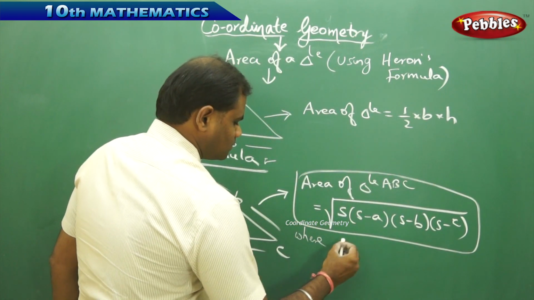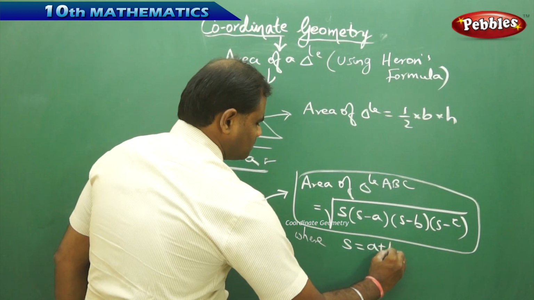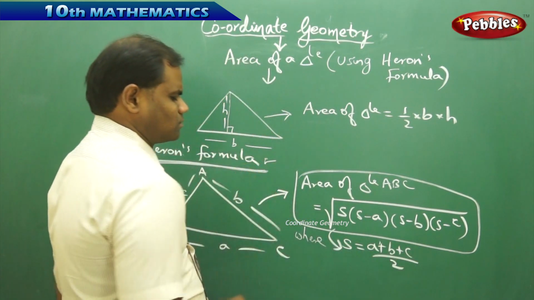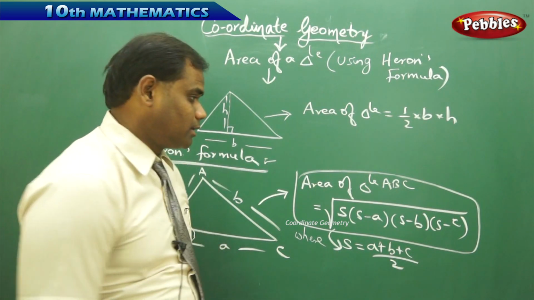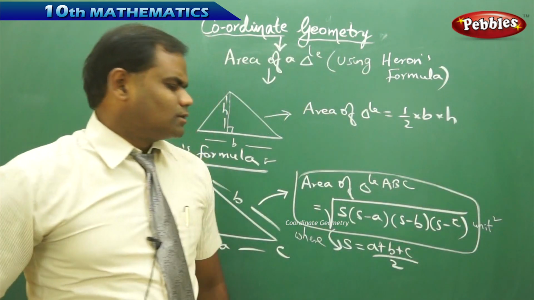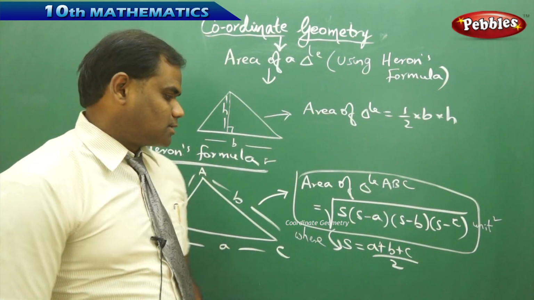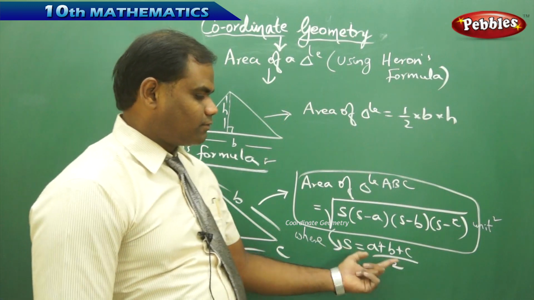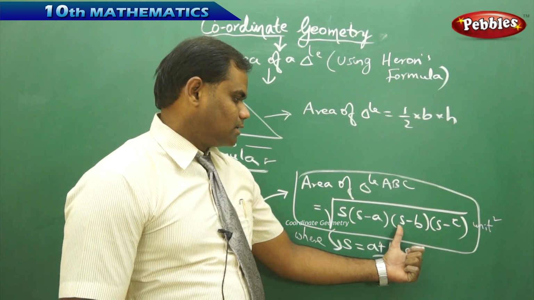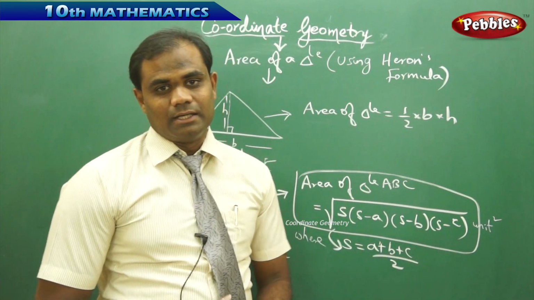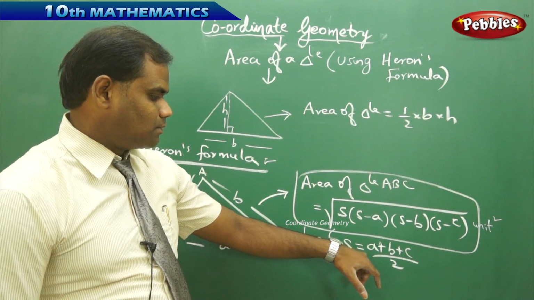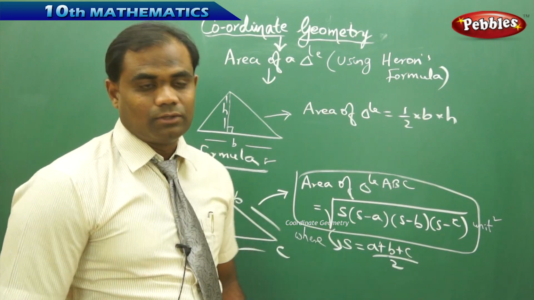where S is A plus B plus C by 2. This is the formula given by Heron. Just using the sides, I can find the area of the triangle as root of S into S minus A into S minus B into S minus C, where S is called the semi-perimeter, which is given by S equals A plus B plus C over 2.